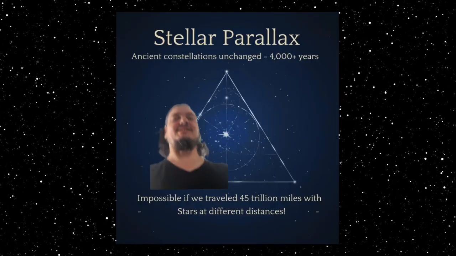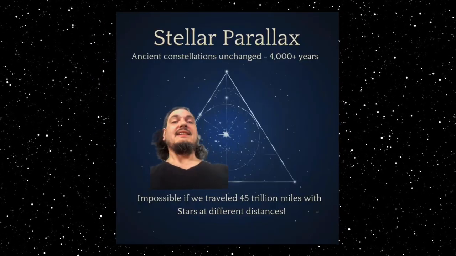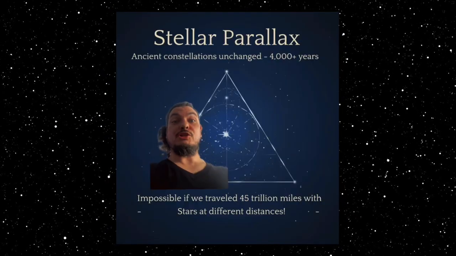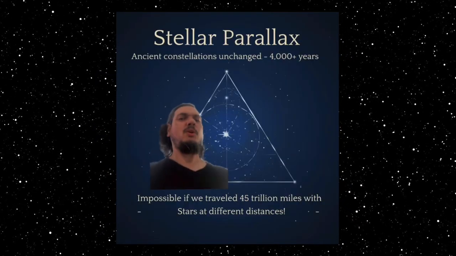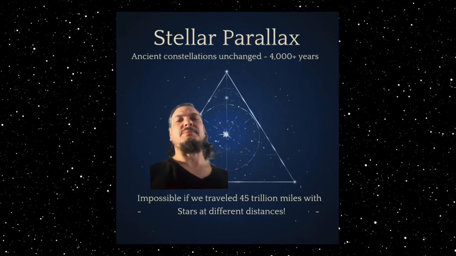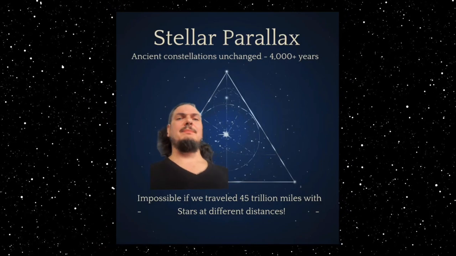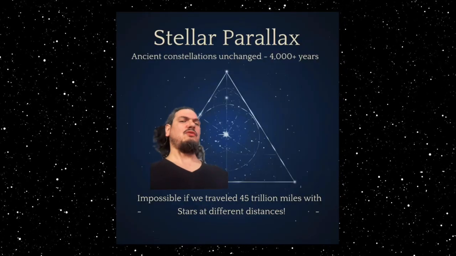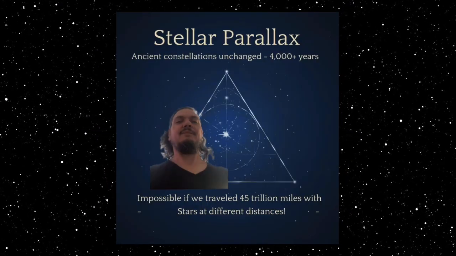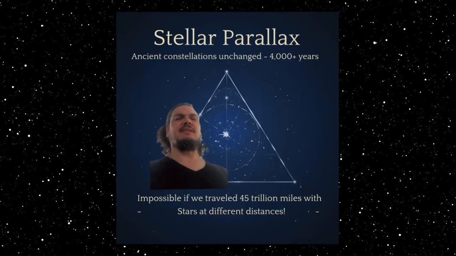Ancient constellations are unchanged over millennia, despite a trillion-mile wide baseline. Or trillions, in some cases, which suggests no significant parallax exists. This is impossible if we've traveled 45 trillion miles in the past 4,000 years with stars at vastly different distances. Yet, we still have the exact same constellations.